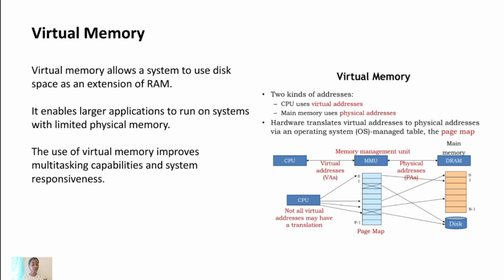Virtual memory involves two kinds of addresses. The CPU uses virtual addresses, and main memory uses physical addresses. Hardware translates virtual addresses to physical addresses via an OS-managed page table mapping. Here are a few examples of the CPU, MMU, DRAM, and disk.